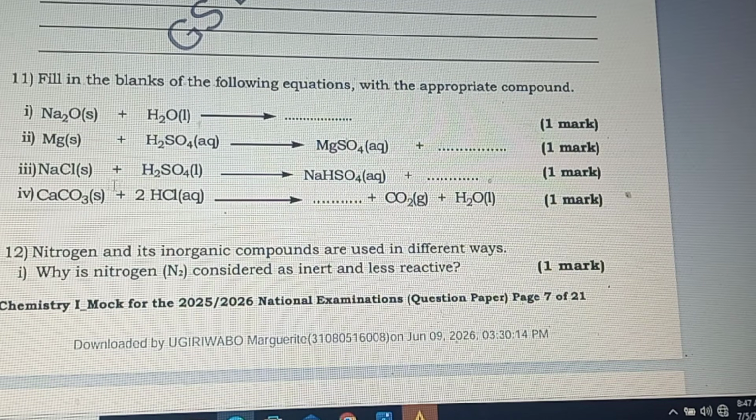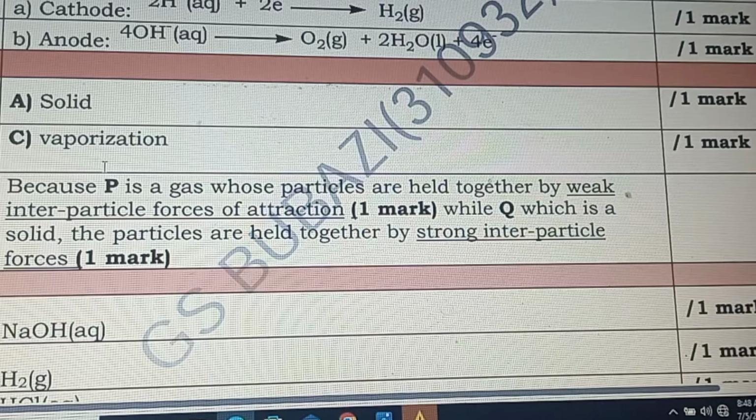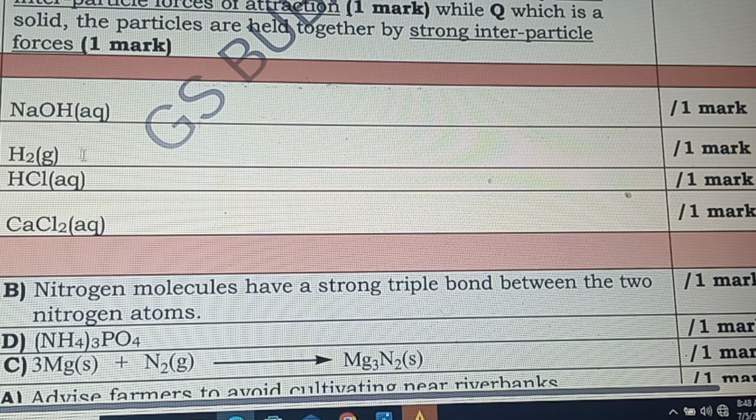The last one, calcium carbonate reacts with hydrogen chloride to form carbon dioxide and water, which means that what you get here is calcium chloride. Let's see in the marking guide: sodium hydroxide, hydrogen chloride, and calcium chloride, as you see.